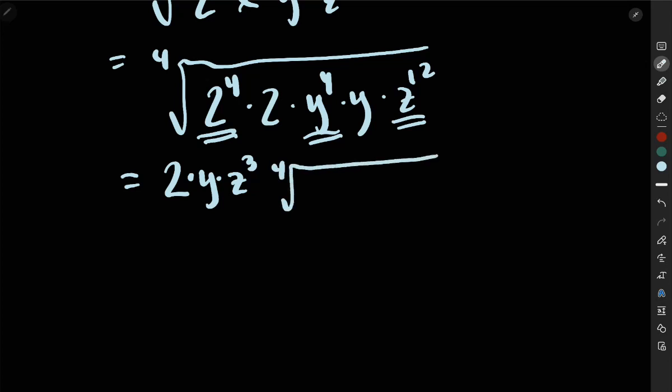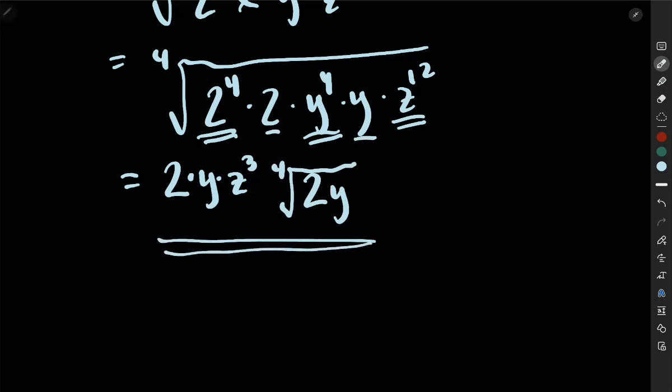What's left inside is the 2 and the y, and there's no more z because it's taken out. So we create a smaller fourth root symbol. That's it: 2yz cubed, fourth root of 2y. We cannot take out this 2 and y because they don't have a multiple of 4 in their exponent. So that is already the simplified form.